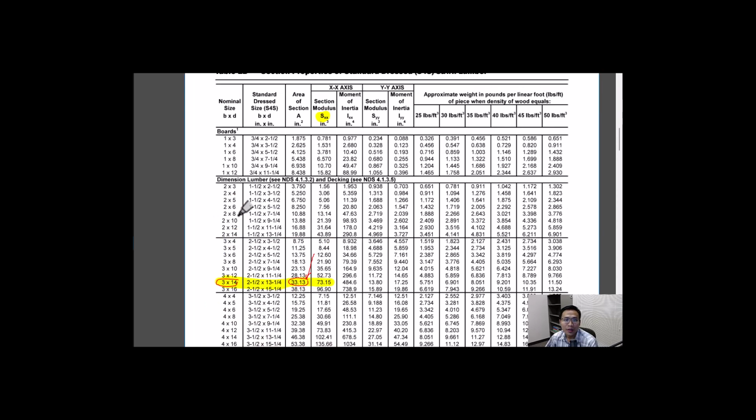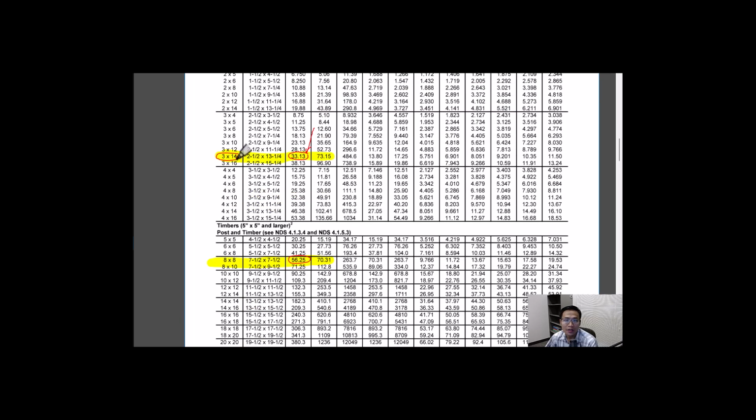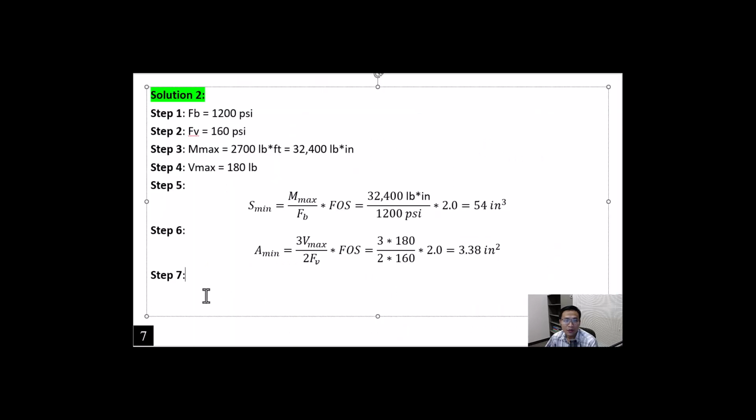The 3 by 14 is not a typical size in the industry, so let's pick the other one.